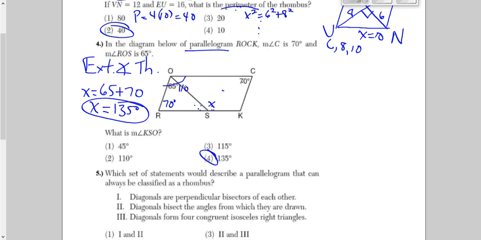So K is 110. Now, the only thing we're missing, though, huh? So that plus that plus that plus that add to 360. Can we get this angle? How? Oh, yeah, okay. Right? 110 minus 65, what is it? 55. 40. Yeah. Is it 45? 45. And then they all add up to 360.